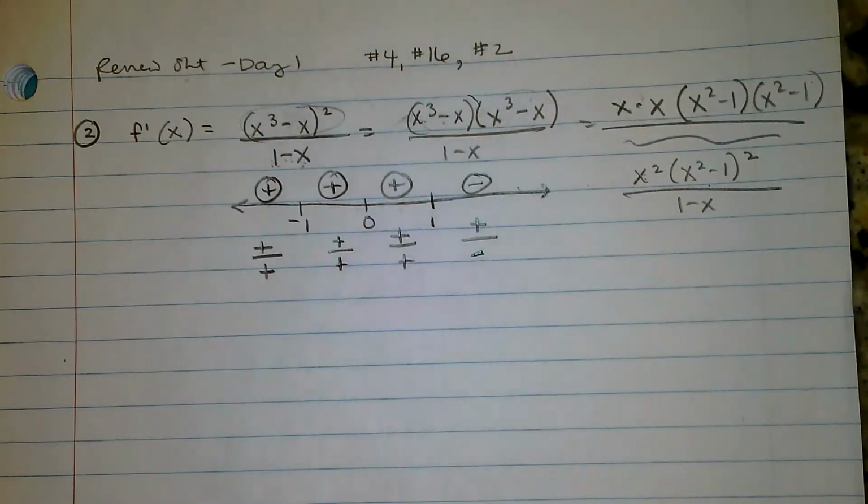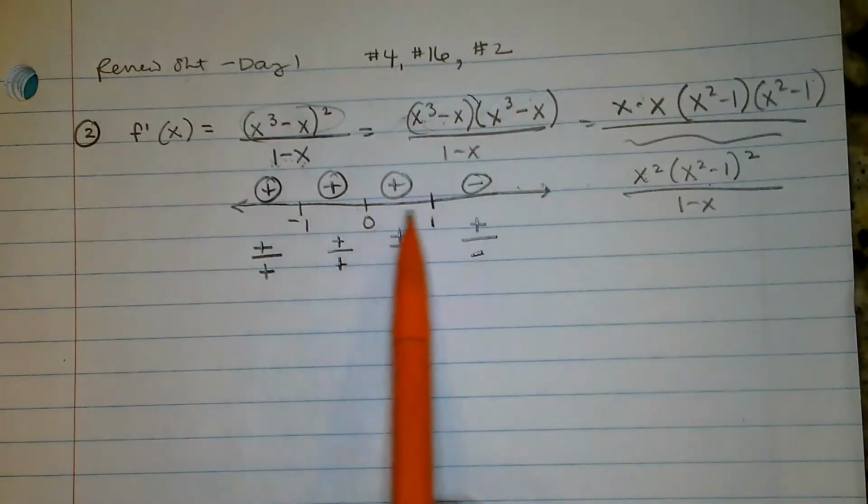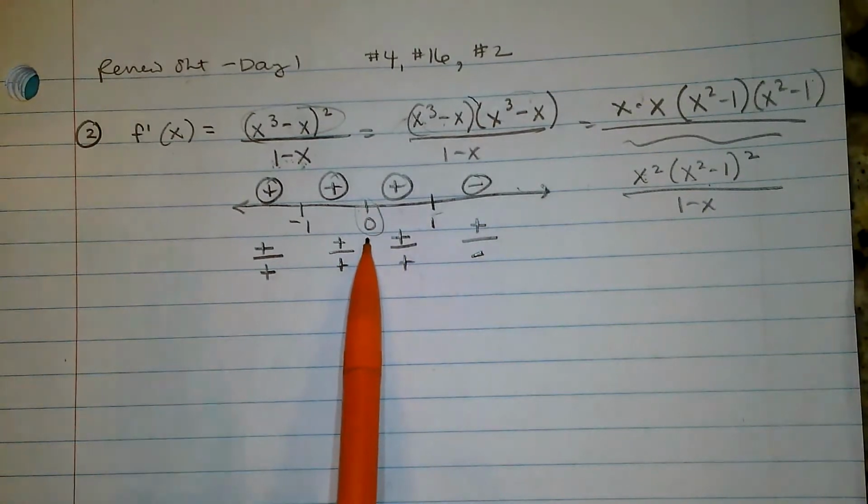So, where is this? Oh, my screenshot of it went away. For what values of x is this function increasing? On a lot of them, but it says everywhere between negative 1 and 1. Not totally true because it's undefined there.